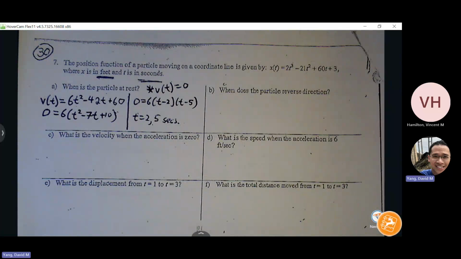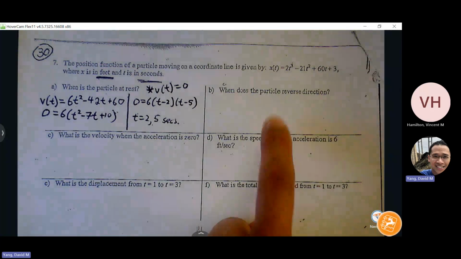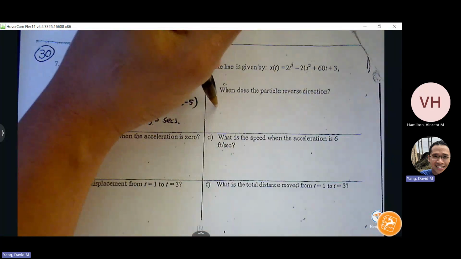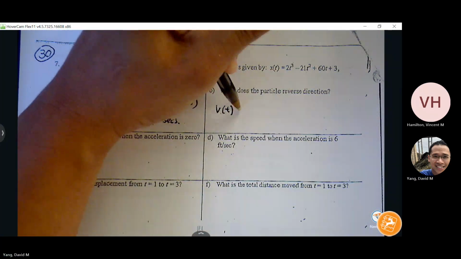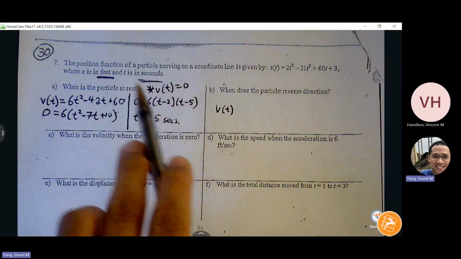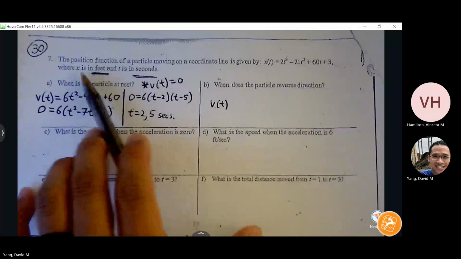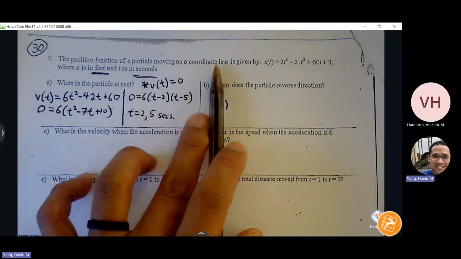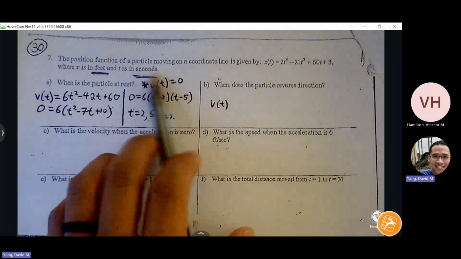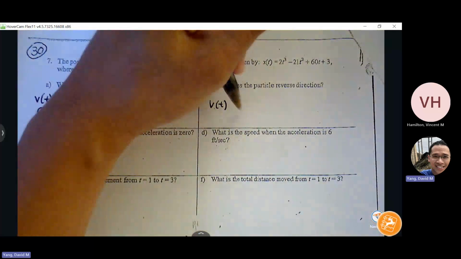Okay, when does the particle reverse direction? So we're going to have to create our number line, right? Our velocity number line. In this case, let's say that they did not provide any restrictions, so that's going to be for all real numbers then.